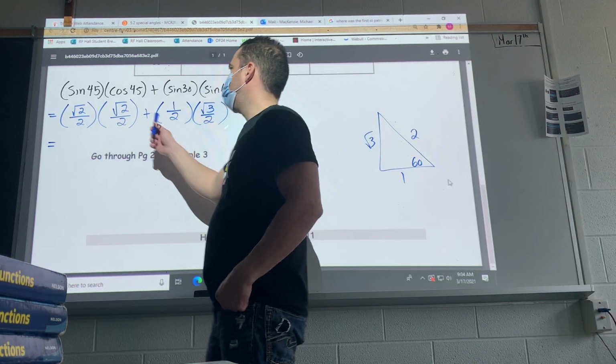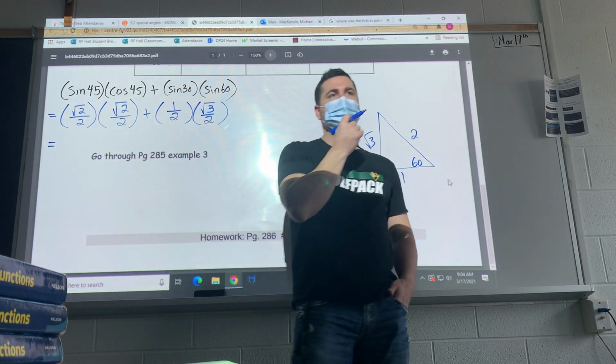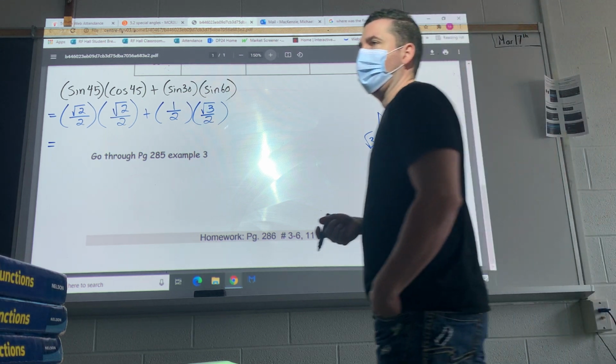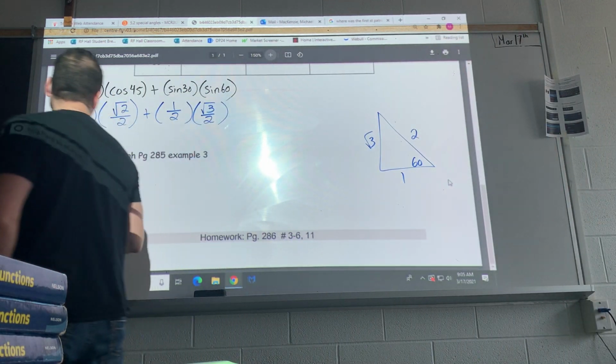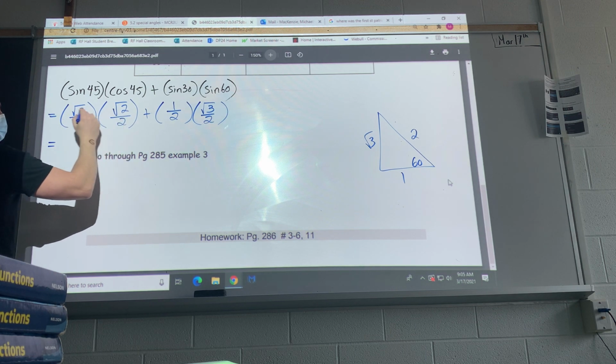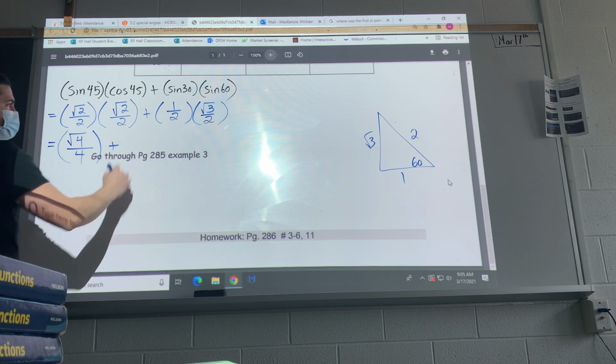Okay, so now we're multiplying. So this goes back to last unit, multiplying radicals. Some of you struggled on the one question where you had to expand it. So root 2 times root 2 is root 4, and 2 times 2 is 4. So we have root 4 over 4 plus.